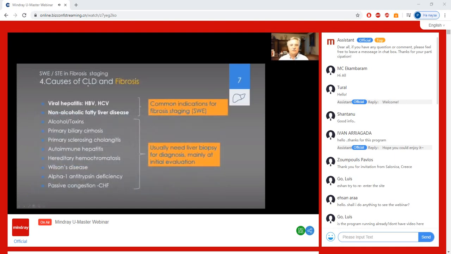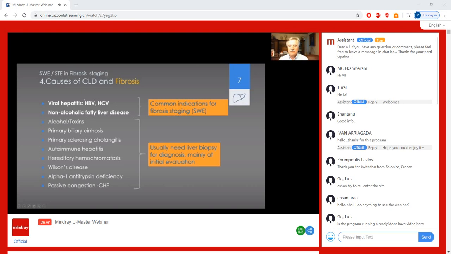Those are the causes of chronic liver disease and fibrosis. Please note that viral hepatitis B and C and non-alcoholic fatty liver disease are the main causes of chronic liver disease.